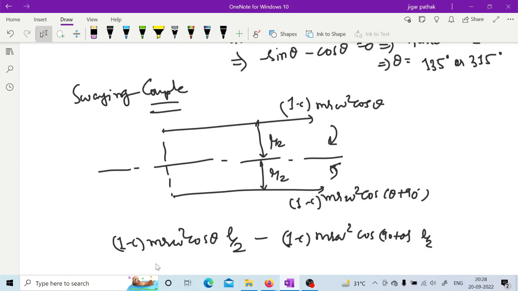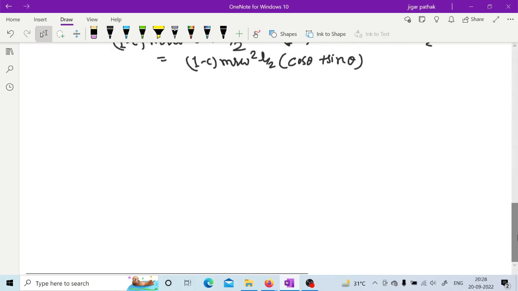If you further simplify, you will get (1 minus c) m r omega square L by 2, which is common for both, so (1 minus c) m r omega square L by 2 into (cos theta plus sin theta). Here (1 minus c) m r omega square L by 2 is constant.